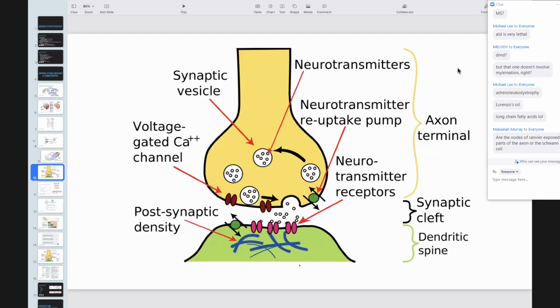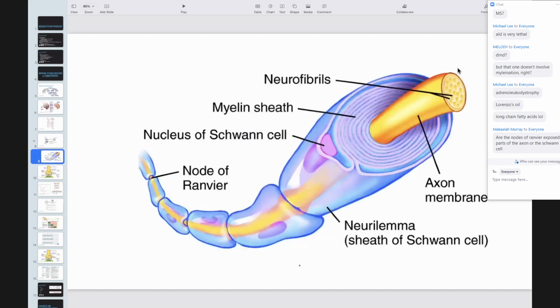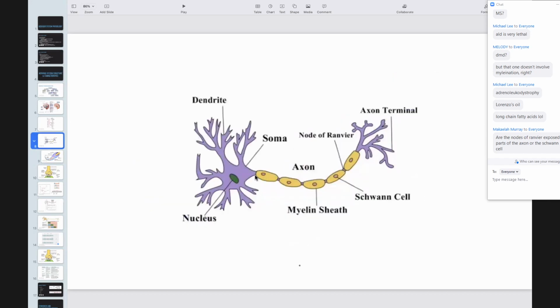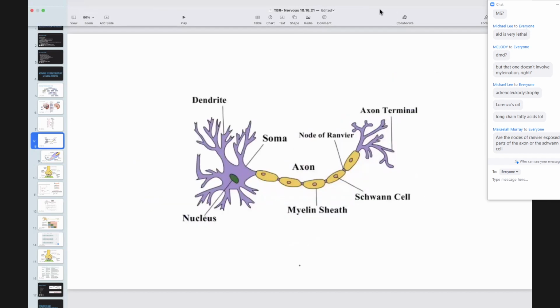But yeah, yes, I did skip the nodes of Ranvier. The nodes of Ranvier, as we see here, are the gaps between the myelin. And those are important because that's where the signal gets propagated on these myelinated axons. When a signal starts over in this area, if I go back one slide, it starts over here, where we have the openings of these gated channels.